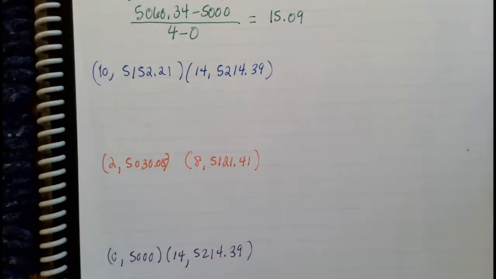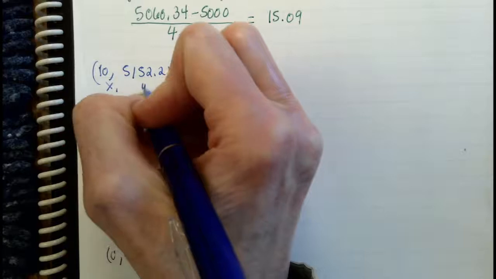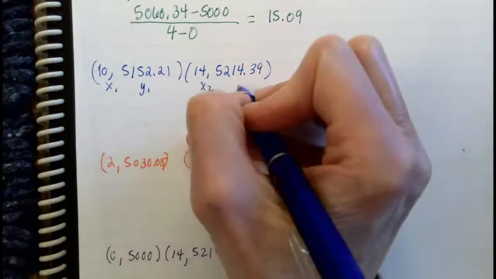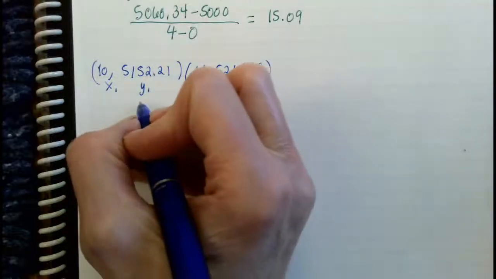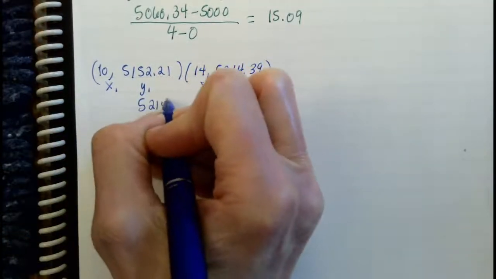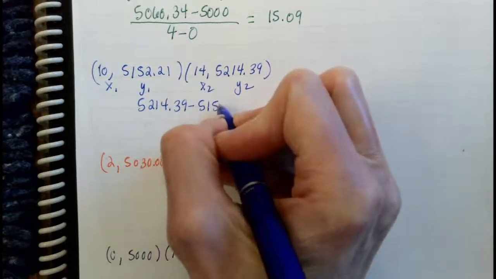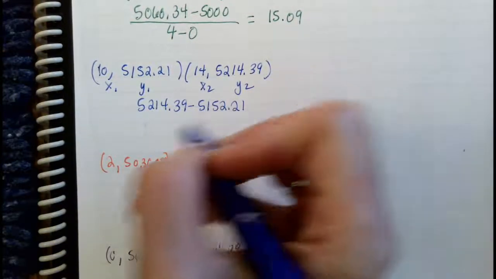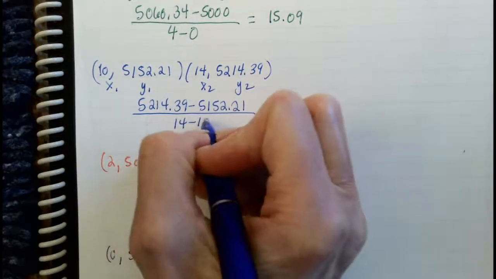So the next value here, we've got x1 and y1, x2 and y2, and we're going to fill this in. We've got 5,214.39 minus 5,152.21 divided by 14 minus 10.